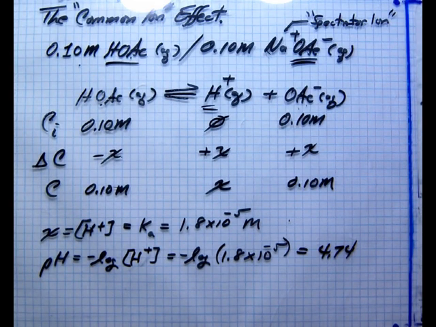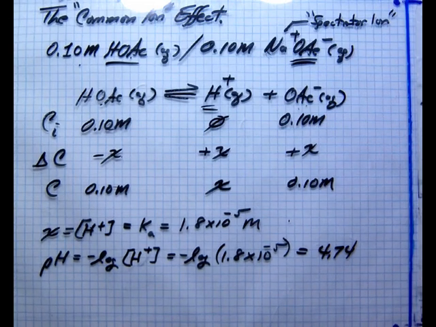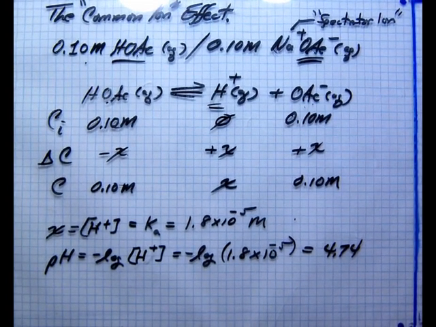Okay, now the idea is not to make buffer solutions. The idea is to use buffer solutions to prevent changes in pH. So as we prevent changes in pH, how do we do it? What has to happen to our equilibrium?